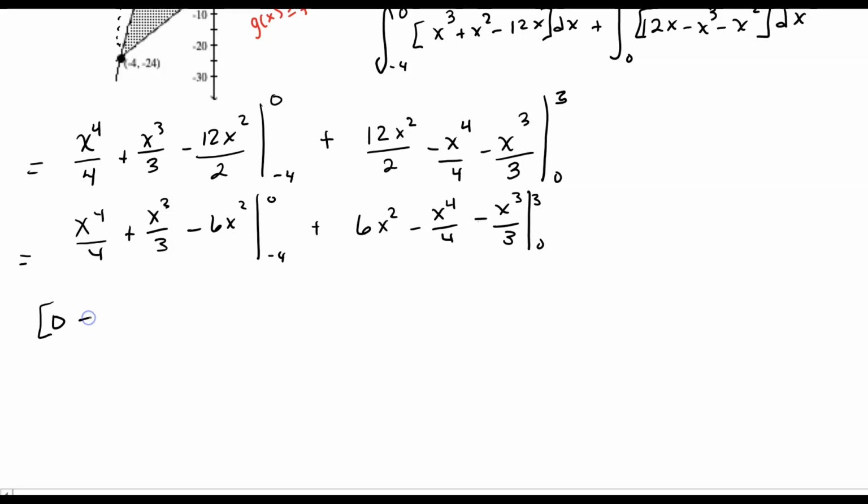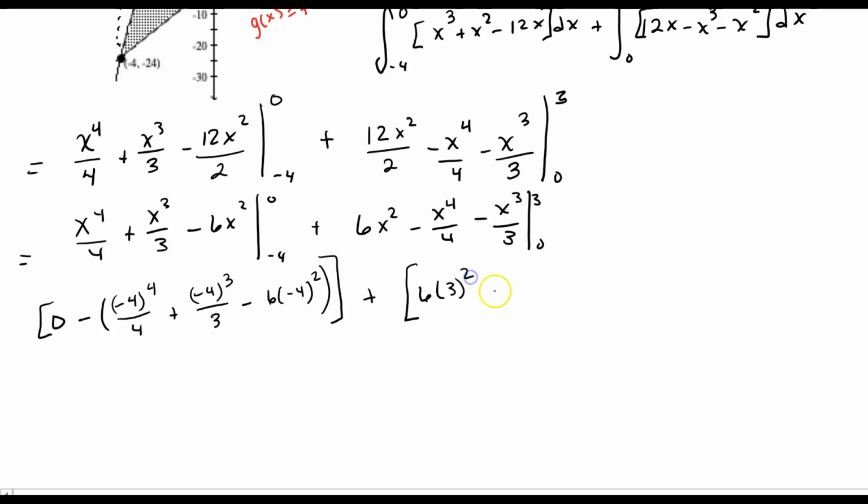So we have 0 minus, and then I'll put parentheses here, -4 to the fourth power divided by 4 plus -4 to the third power divided by 3 minus 6 times -4 squared, plus, in this case, 6 times 3 squared minus 3 to the fourth power divided by 4 minus 3 to the third power divided by 3, and then minus 0 because all of those have an x in them, so they all evaluate to 0.